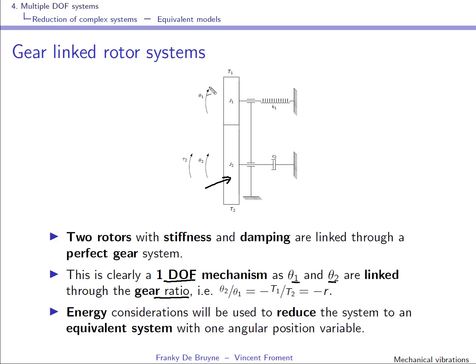Since we've taken both angles in the same direction, and we know that with the gearbox the two gears are going to rotate in opposite directions, theta 2 over theta 1 is going to be minus r, where r is the gear ratio, defined here as the ratio of the number of teeth in the first gear divided by that of the second gear wheel.